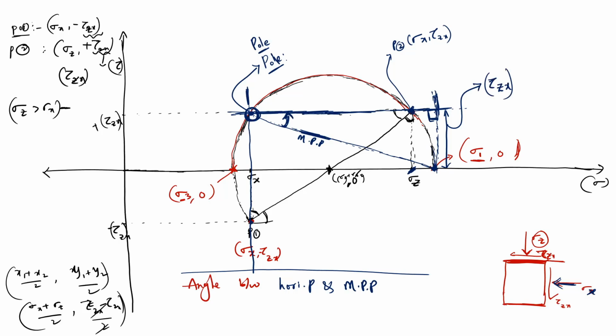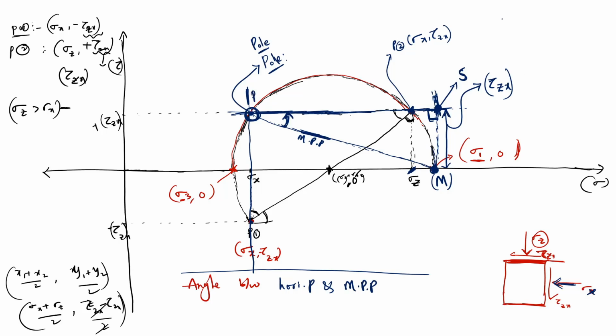The new point of intersection I'll call S, and this is the major principal plane point, which I'll call M. Let us say this is M, this is S, and this is P.